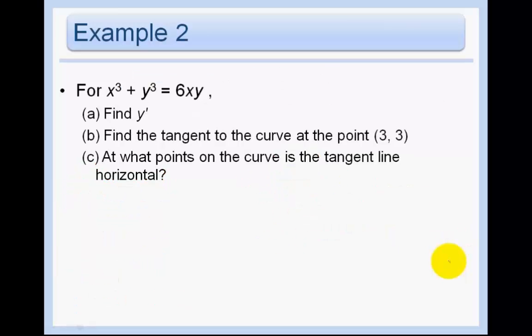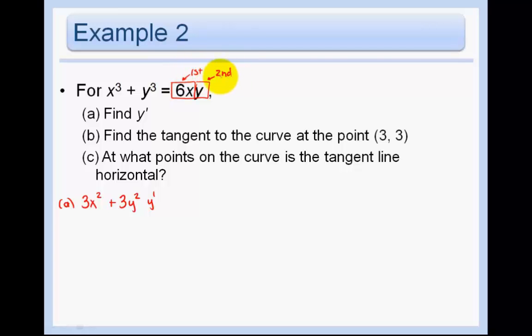In example 2, we just want to do this the easy way. We just want to use implicit differentiation to find y prime. So we get 3x squared plus 3y squared y prime. And then to take the derivative of this, we have a product.